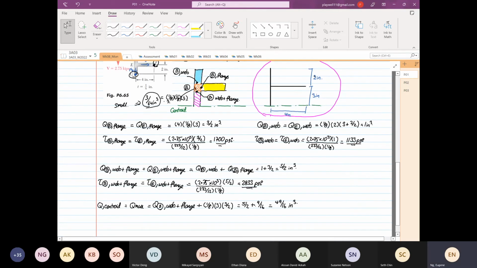And then finally, your tau max is equal to 2.75 times 10 to the power 3 multiplied by 49/16 divided by 233/12, 1/8. This will get us 3470 psi.